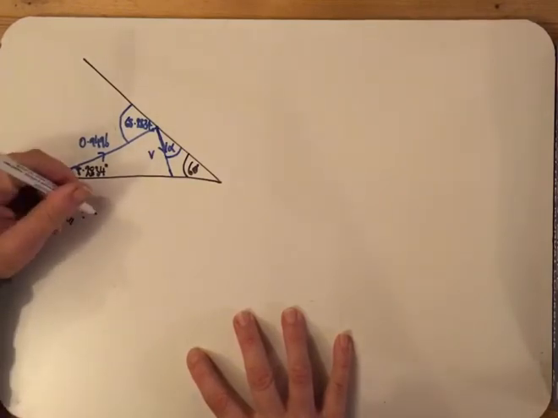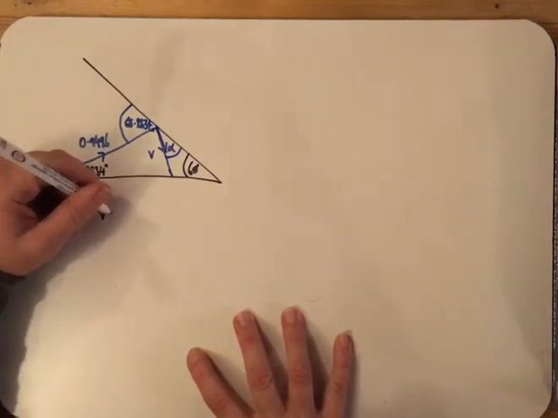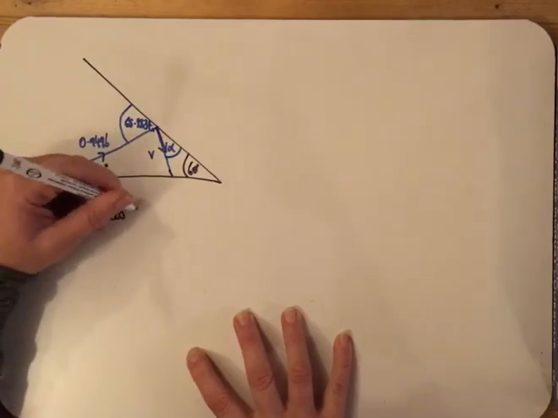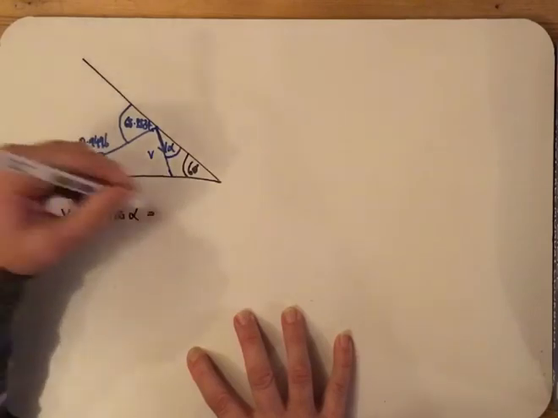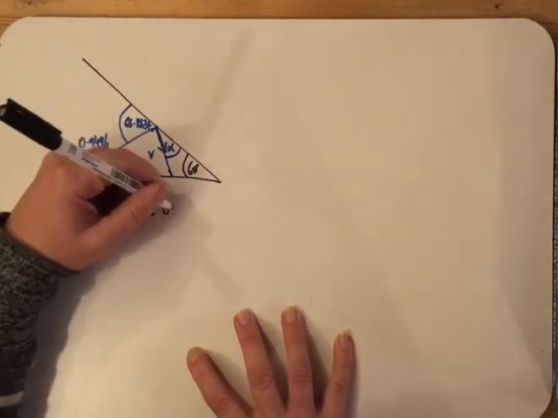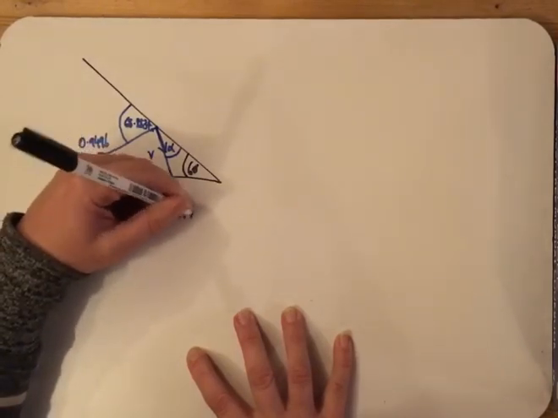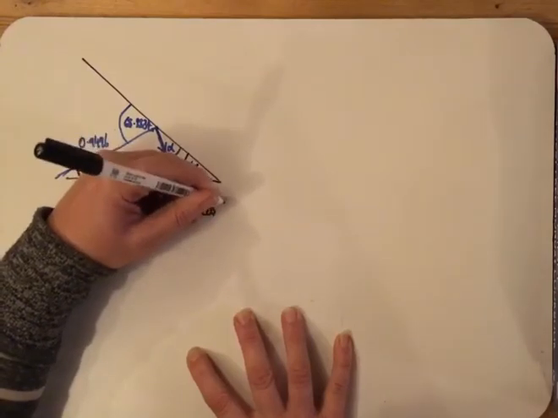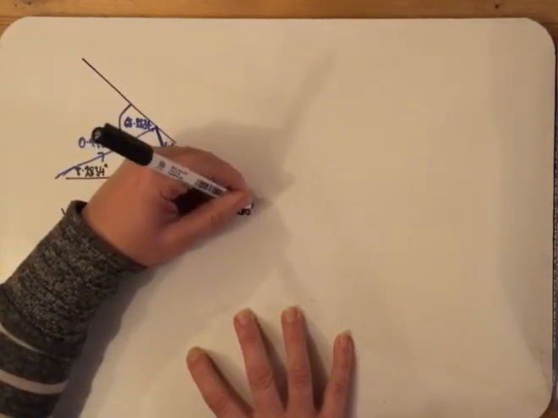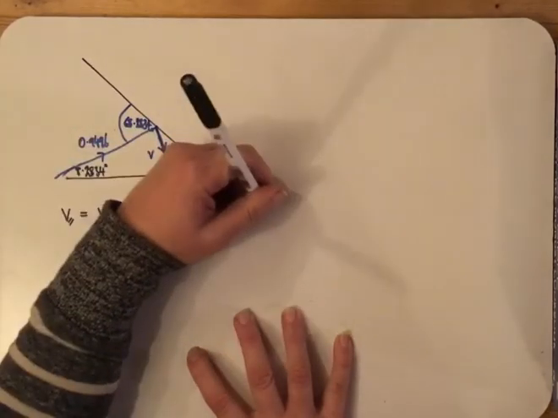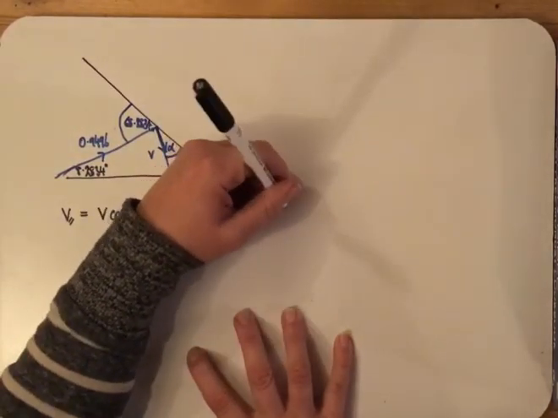So we know that V cos alpha, let's just call that V parallel, is equal to 0.9496 cos of 68.2834, which is equal to 0.3514.